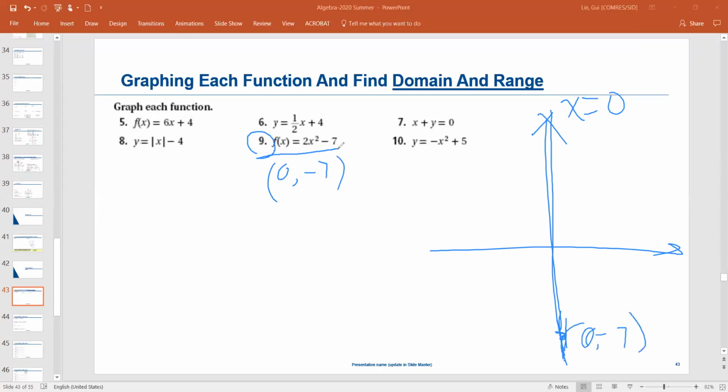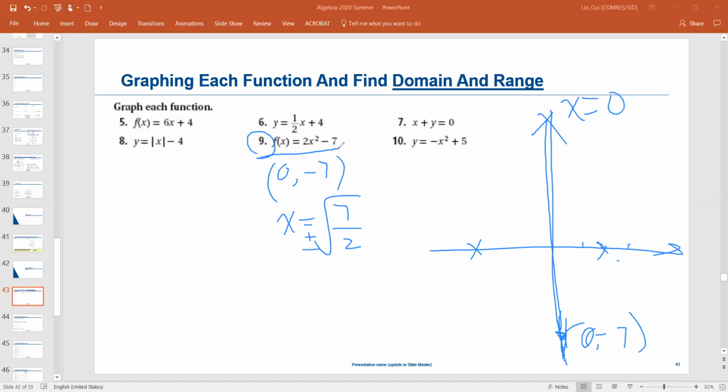So when we graph in here, we need to find what's the x-intercept. What's the y-intercept? The x-intercept is equal to what? Square root of 7/2, positive and negative. So here is 3.5, not close to 2, bigger than 1, closer to 2, right?